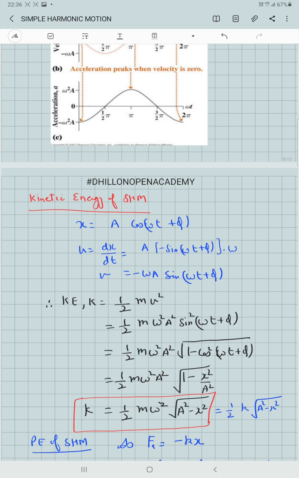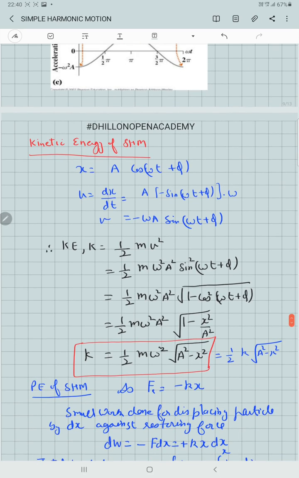So kinetic energy will be half mv², which will be equal to half mω²A² sin²(ωt + φ). Using the identity sin²θ + cos²θ = 1, this can be written as half mω²A²(1 minus x²/A²). As ω is the square root of k by m, half mω²(A² minus x²) can be written as half k(A² minus x²).